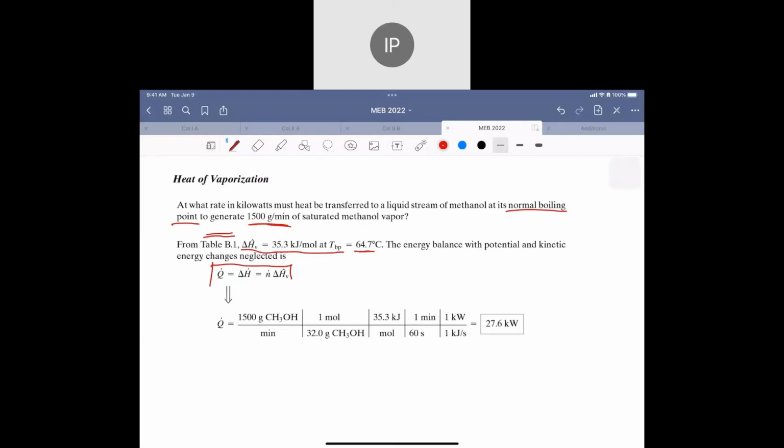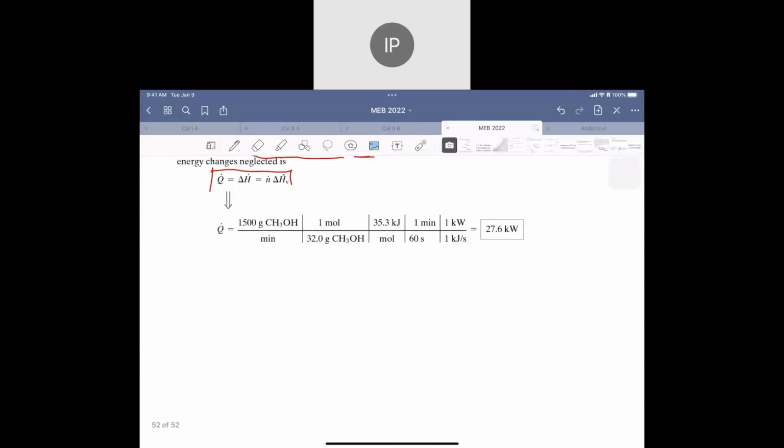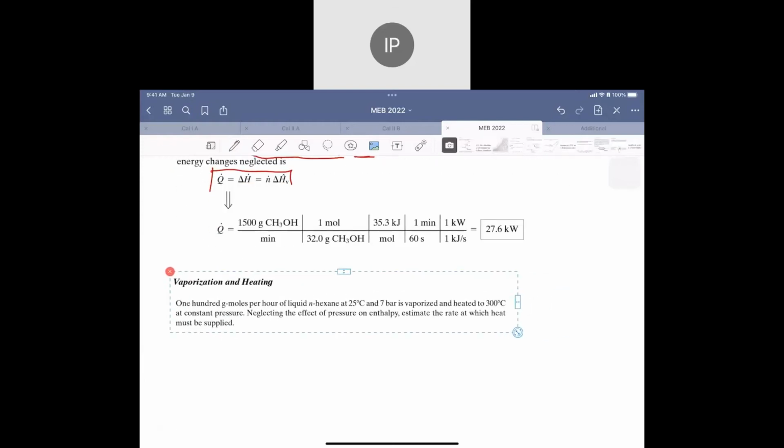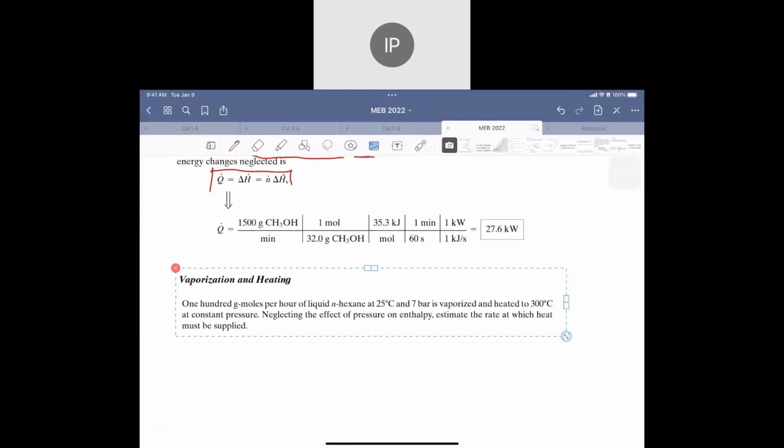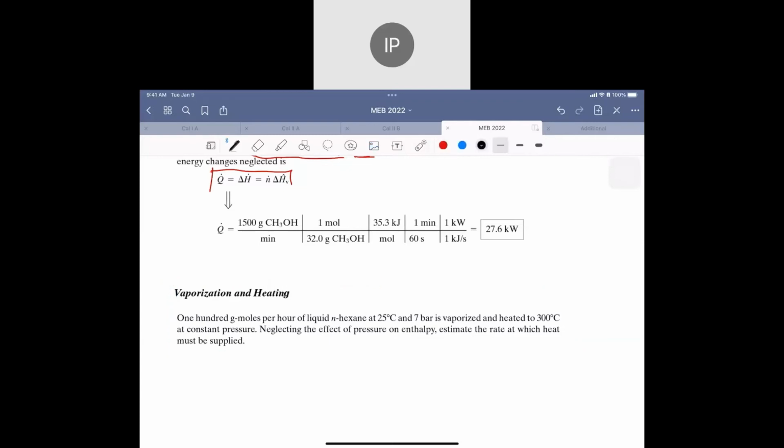I think the second example needs much more analysis. So the other one is we have vaporization, and we have also the heating. So we need to have several processes in one case.